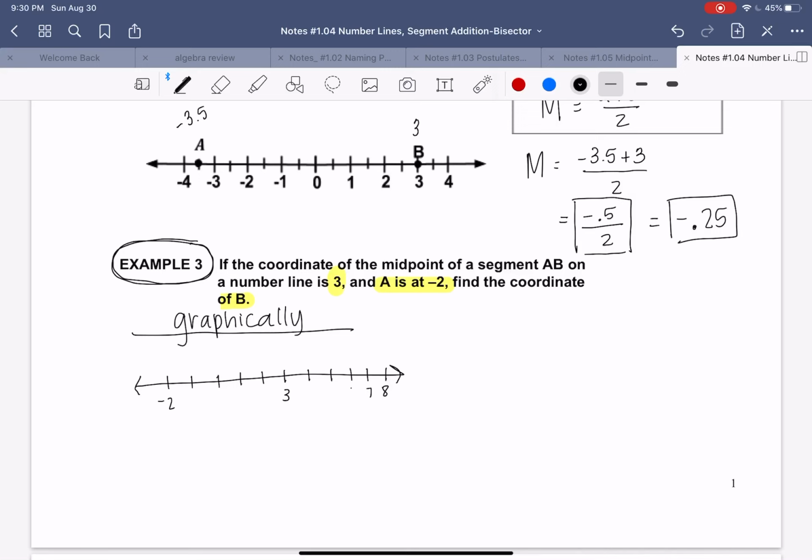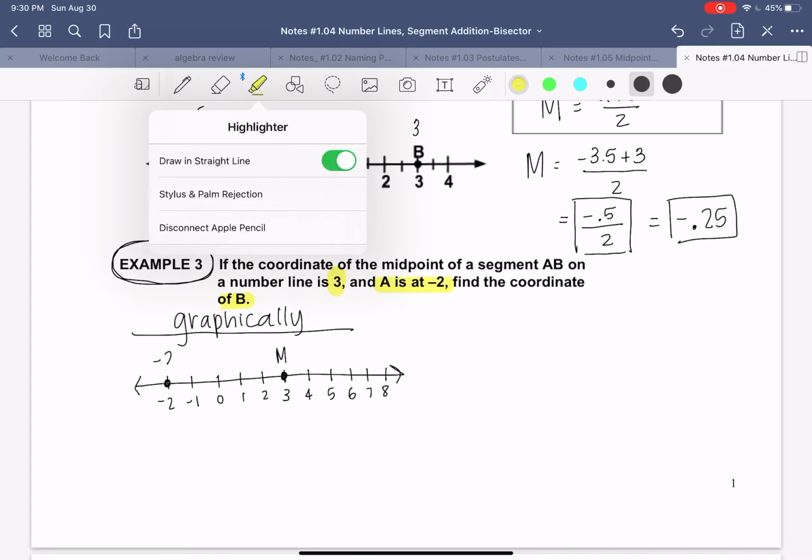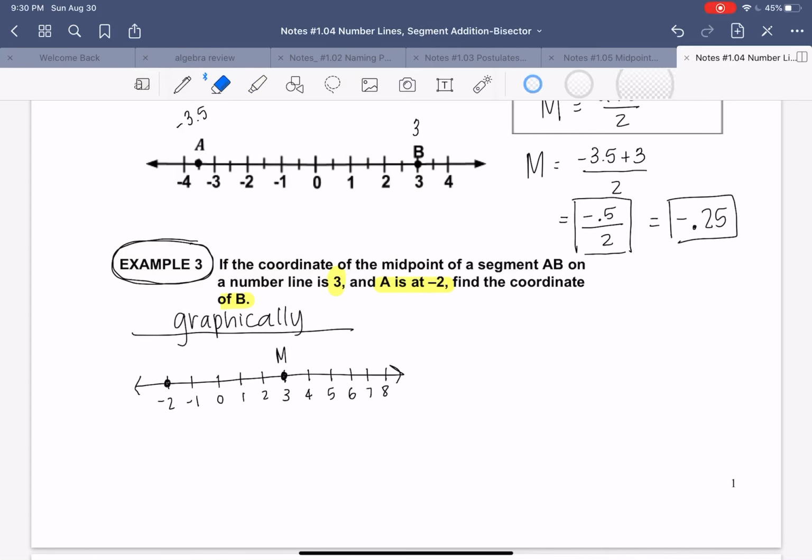So I'm labeling my number line. Okay, and I have my midpoint is at 3. So here is my midpoint. One of my endpoints is at -2. So that's A.